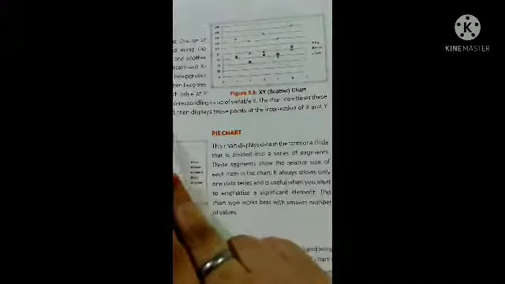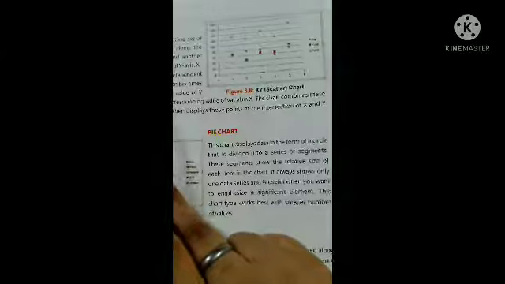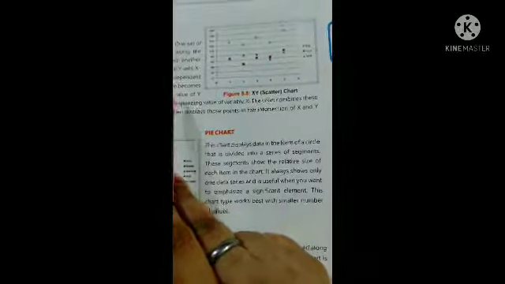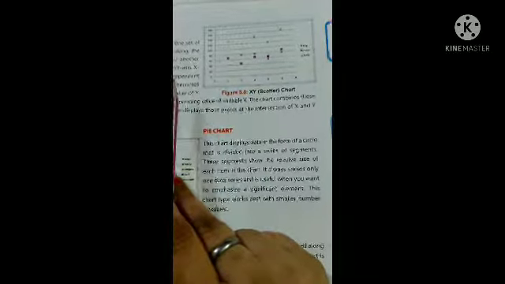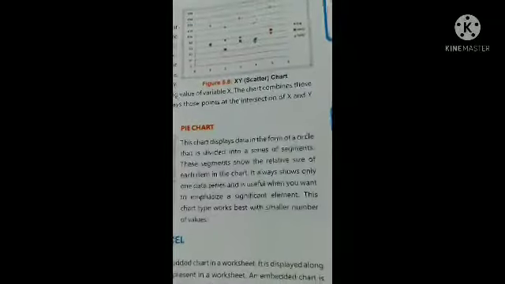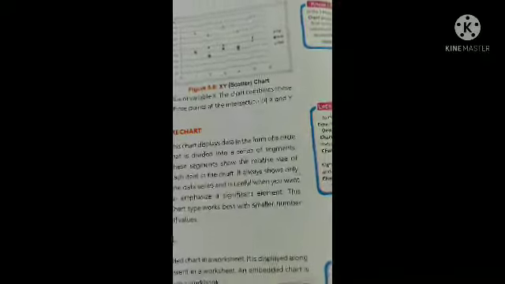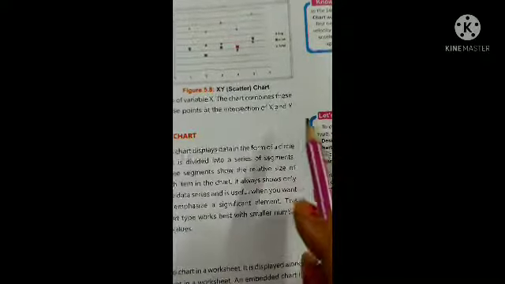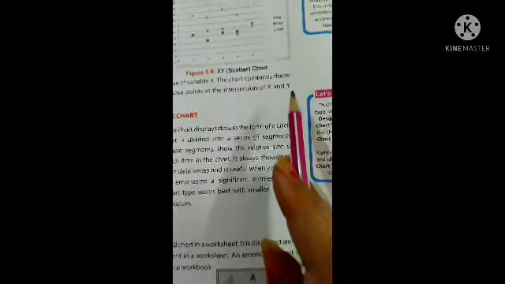Students, this XY chart has two values. One set of numeric values is displayed along the horizontal axis and another set is represented by the vertical y-axis, depending on the variables.